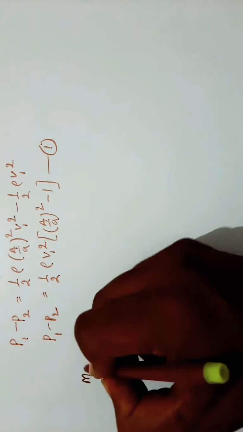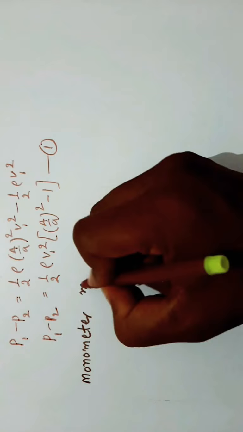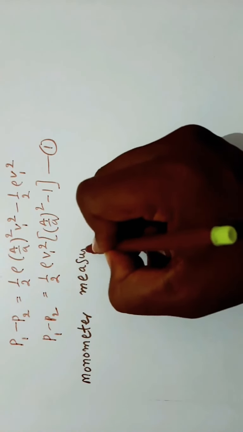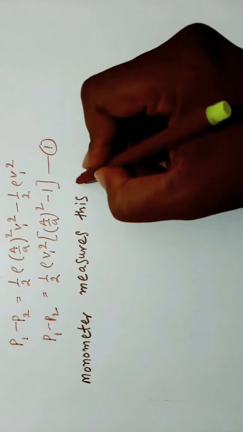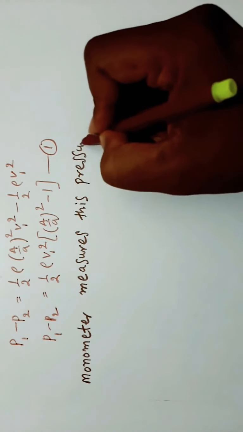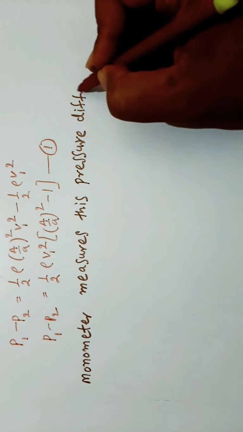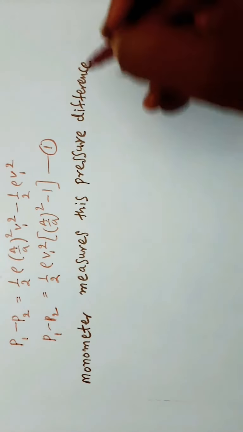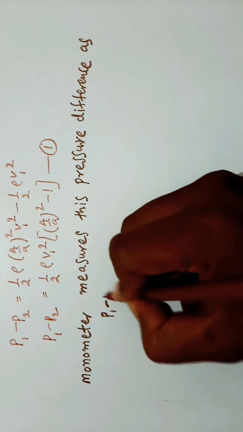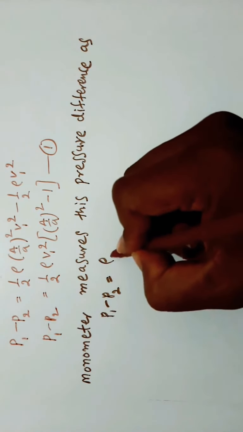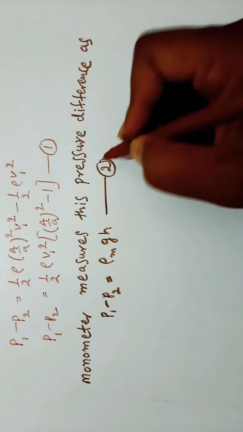The manometer measures this pressure difference, so P1 minus P2 is equal to rho m g h. Let us call this equation 2.